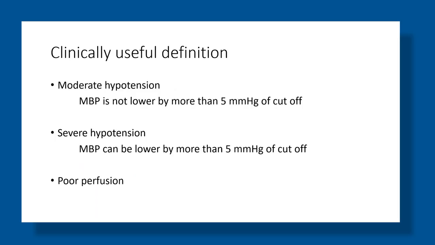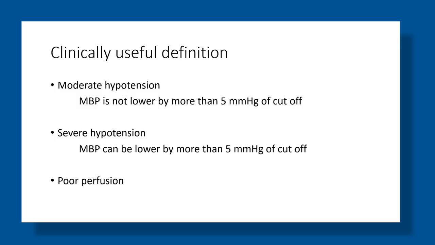So therefore, we have to classify hypotension in a more useful way, which is clinically useful for us because it tells us whether we need to manage these babies or not. So we divide these babies into moderate hypotension and severe hypotension. Moderate hypotension is when your invasively measured mean arterial blood pressure is not lower by more than 5 millimeters of mercury.